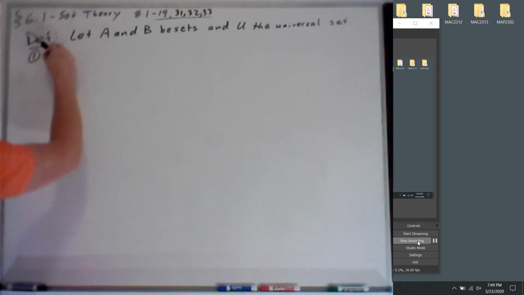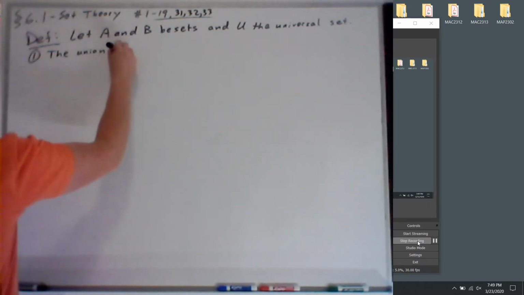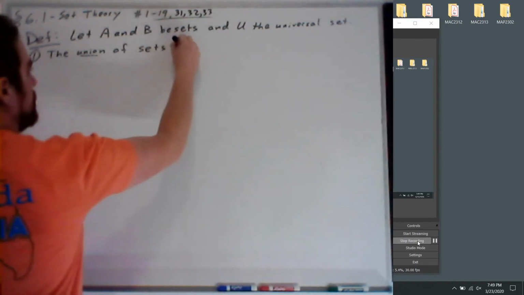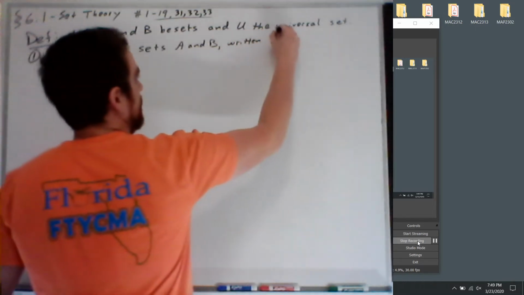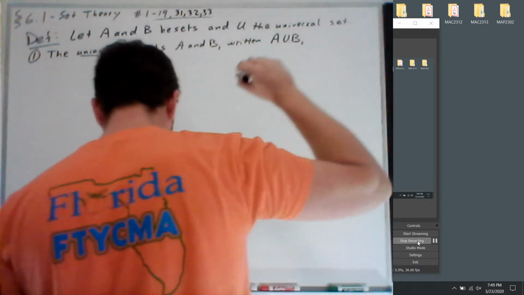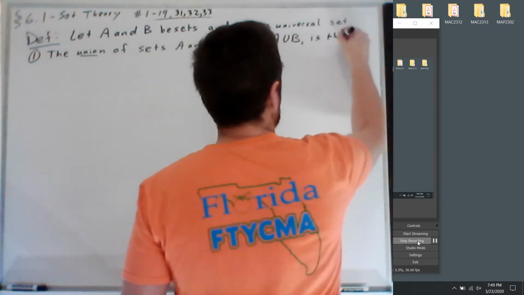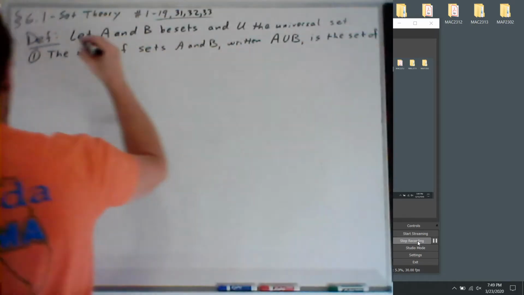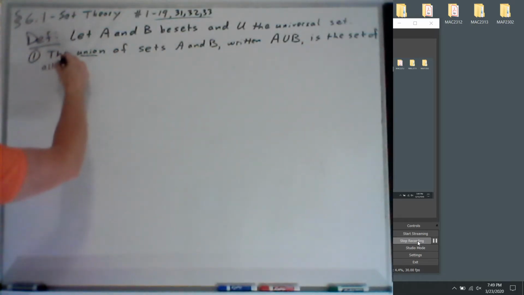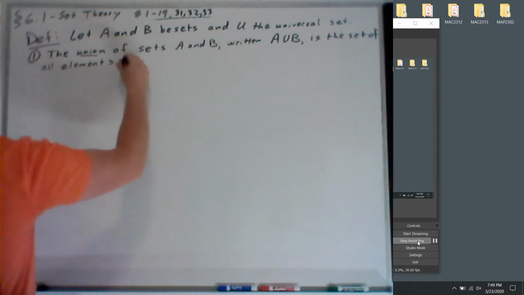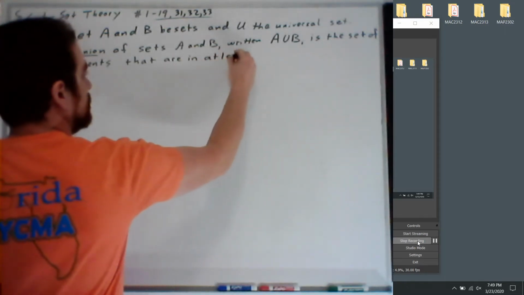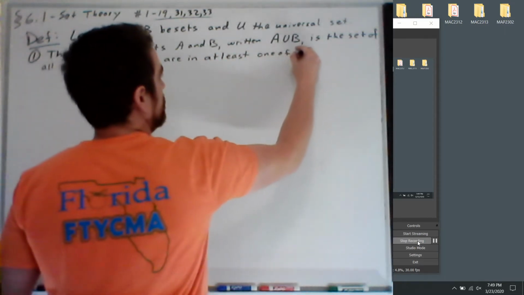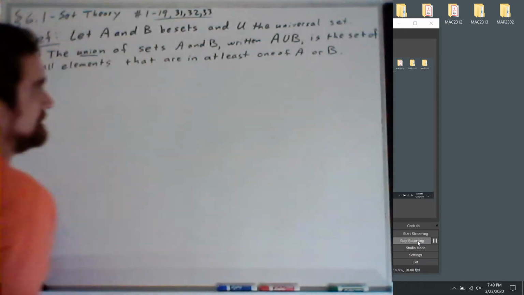The first one is the union of sets A and B, written A union B, is the set of all elements that are in at least one of A or B.